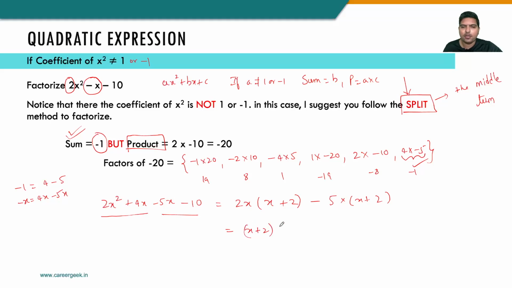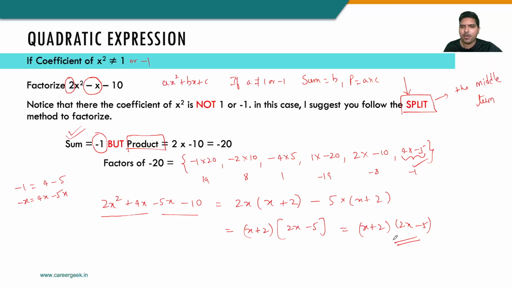Now we factorize, we take x plus 2 common. What remains is 2x -5, or x plus 2 multiplied by 2x minus 5. So we are doing this split method, which means we are factorizing it manually because the coefficient of x square is not 1.